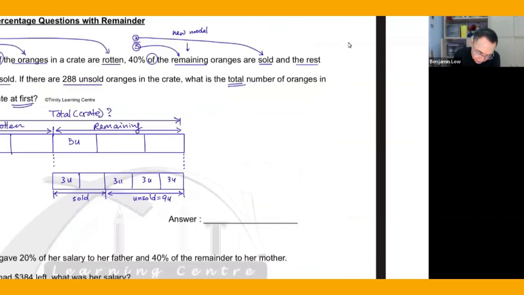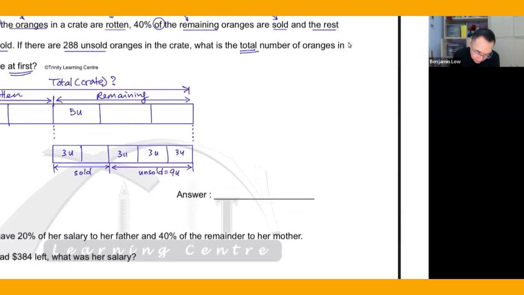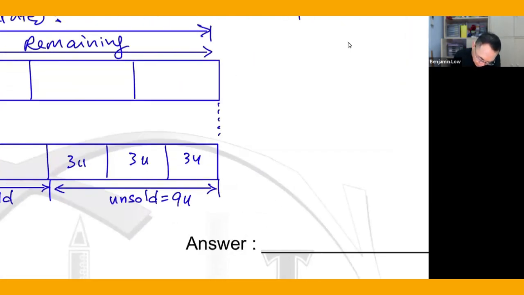And since they tell you that 288 are unsold, then 288 is how many units? Anyone? 9 units. Very good. So 9 units from here. This is 288. So with that, I can find 1 unit.